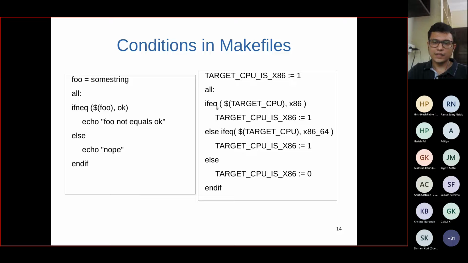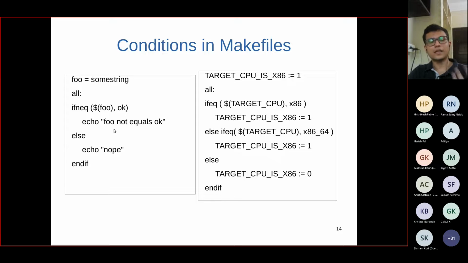So at the end, if our target CPU is x86, then this variable will be set to 1, else it will be 0. So this is one example using which we can set this variable based on our target CPU. This demonstrates the usefulness of if conditions inside the makefile.